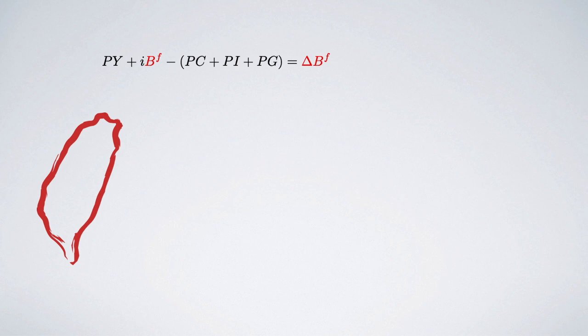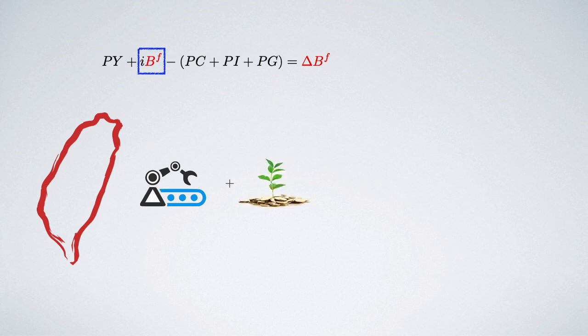First, when we look at this equation, the first term, PY, represents the income that comes from our production this period. And the second term is the income that comes from our net international investment position, and it is the interest income it yields this year.